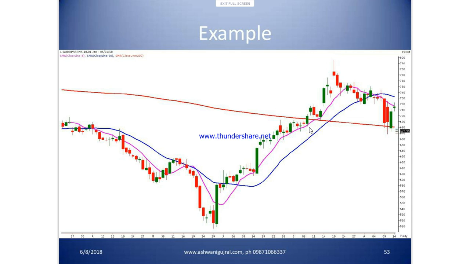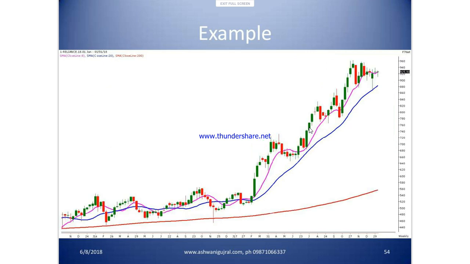Let's look at this one. Again, daily chart. So anyone who says that daily chart is different does not know what he's talking about.